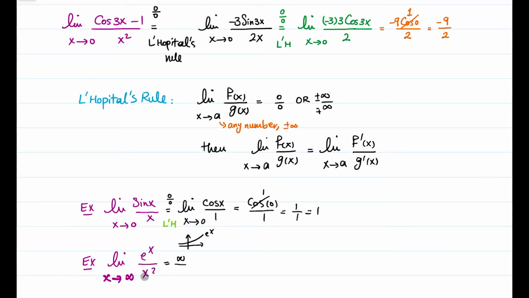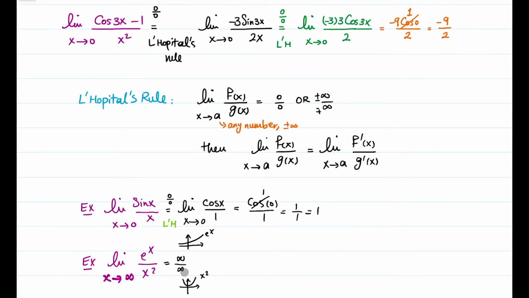How about the denominator? When I plug in infinity, or basically take the limit of x squared, the graph of x squared looks like this. As you see here, when x goes to infinity, the function goes to infinity. Therefore, the limit of the denominator is also infinity.